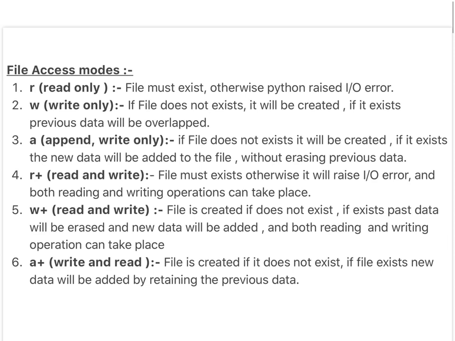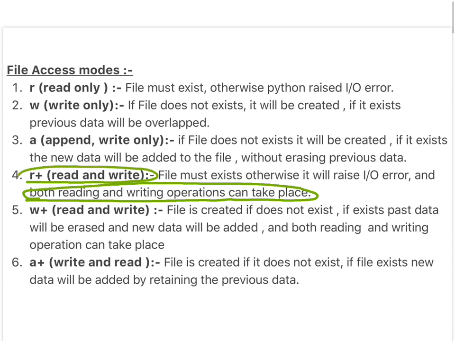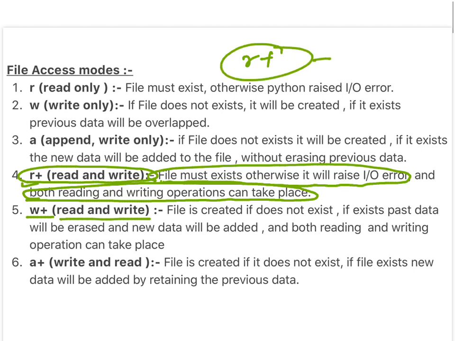When you want to open the file for both reading and writing operations, you have to use R plus. It means read and write mode. The next is W plus, again read and write mode. But if you see the difference between R plus and W plus, here the file must exist, otherwise it will give you an error message. When you are opening with R plus, the file must exist.